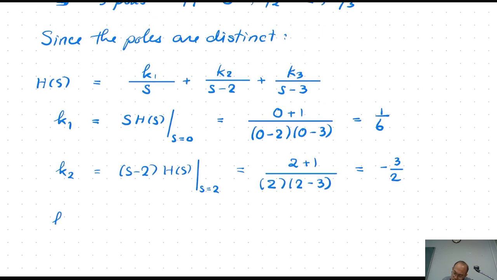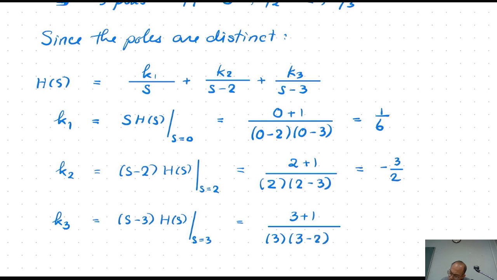And the last one, K3, is S minus 3 times H(S). Plug in S equal to 3, and we have 3 plus 1 divided by 3 times 3 minus 2. And so we have 3/4. I'm sorry, 4/3. Yeah, 4/3.